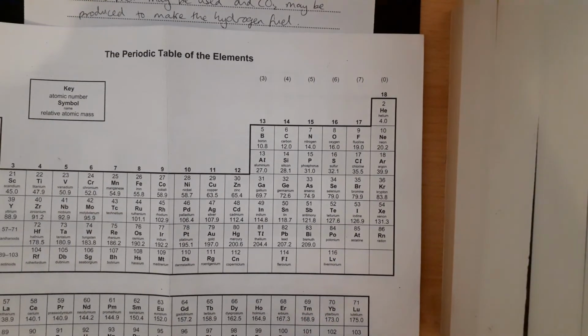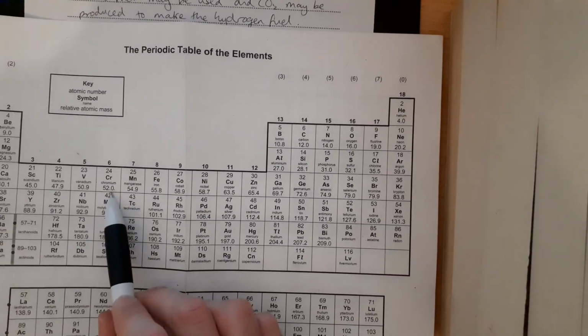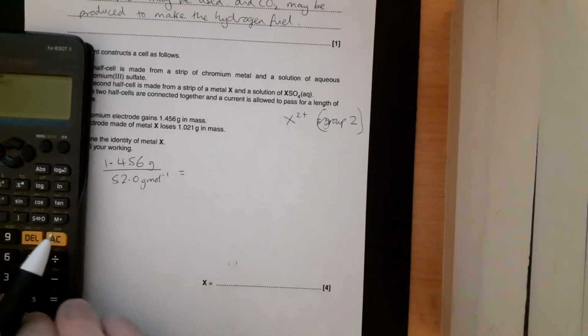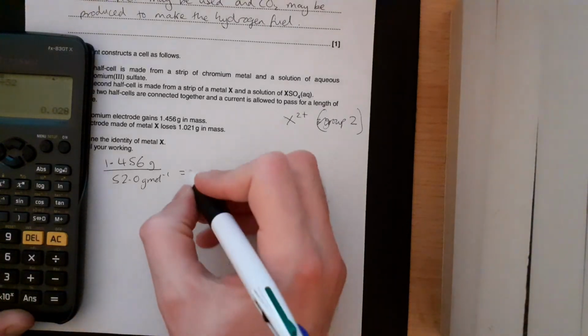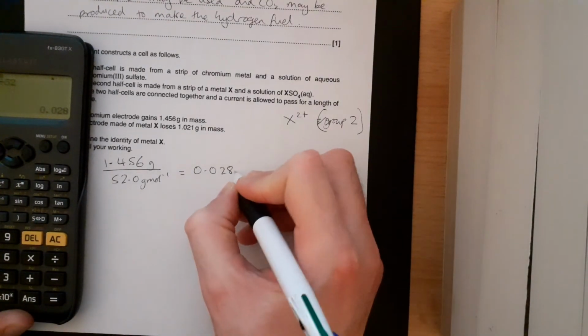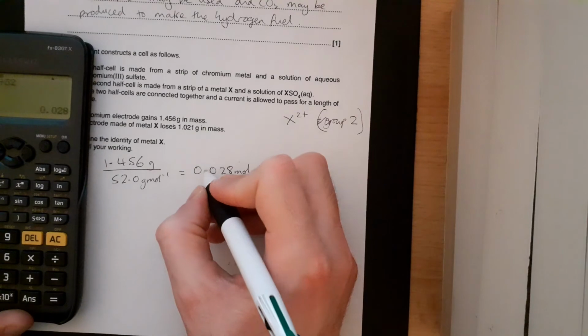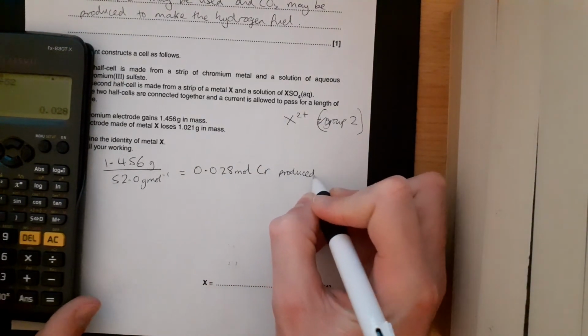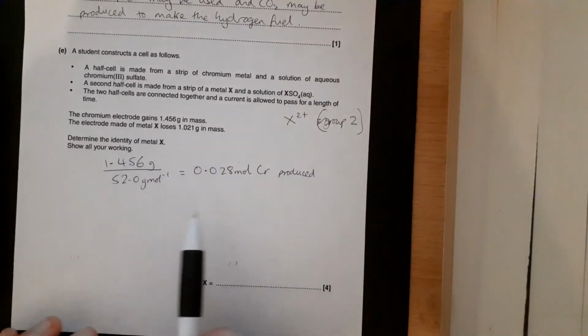So if we divide that by the relative atomic mass of chromium, which is 52, that will give us the moles of chromium. So we get 0.028 moles of chromium produced. So that's how much this electrode increases in mass.